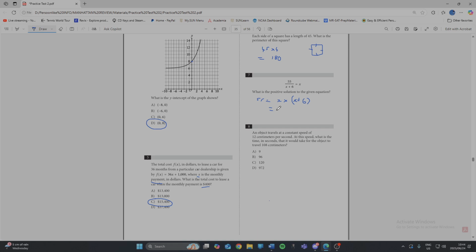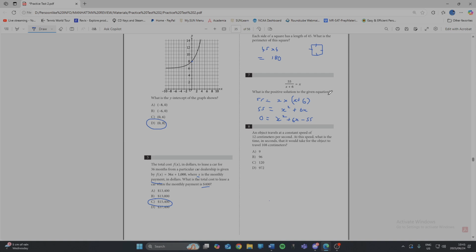If we multiply this out, we would get x squared, and then this x times 6 would be plus 6x. This is all equal to 55. Then we can take this 55 over to the right hand side, so 0, and this would become a negative because it is a positive here, and it would become a negative on the other side. So we would have x squared plus 6x minus 55.